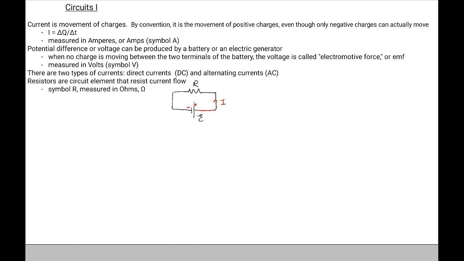It's going to get harder to figure out whether the current flows clockwise or counterclockwise through a loop when we have multiple loops. But for now, it is fairly clear that the current flows from the positive to the negative through the resistor. So from the higher potential to the lower potential.